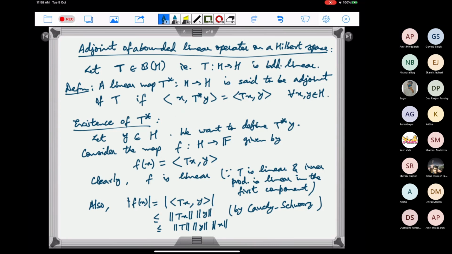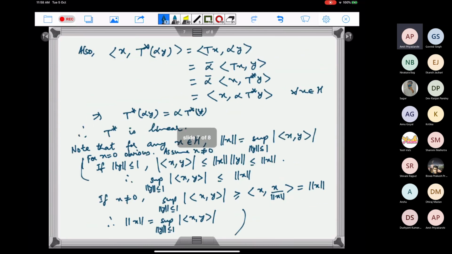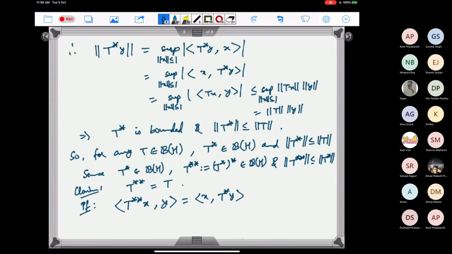So I'll write T x inner product with Y, that is X inner product with T star Y, and then this is the same as T star Y with X, complex conjugate, so bar, and now we have T star here in the first component.